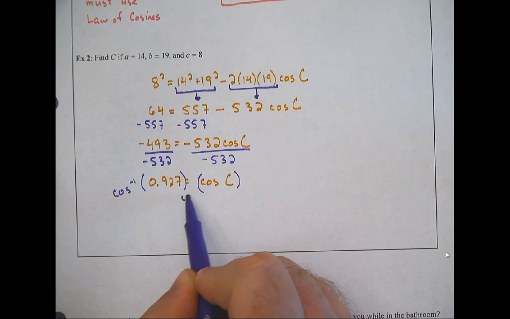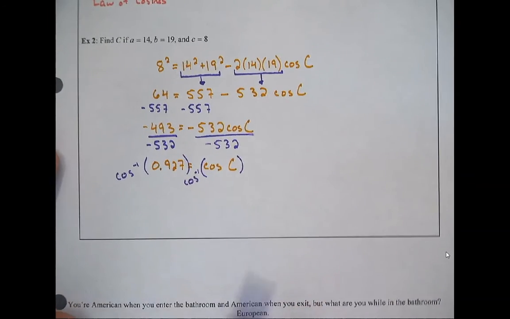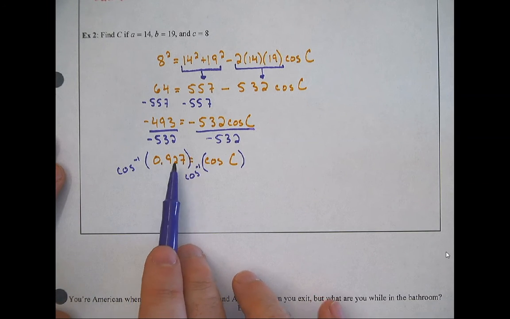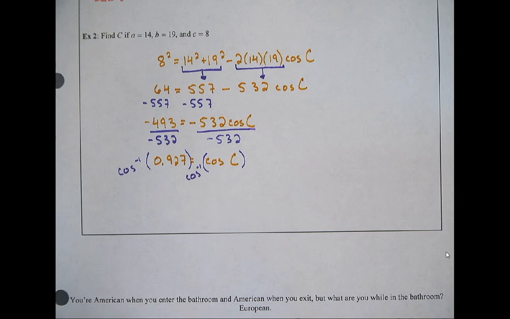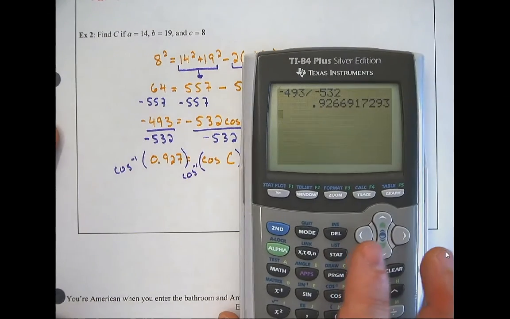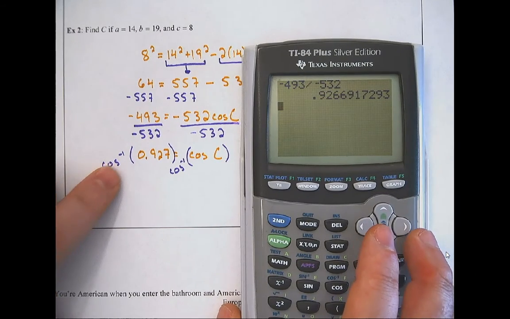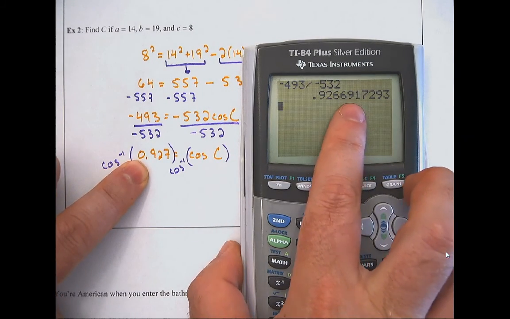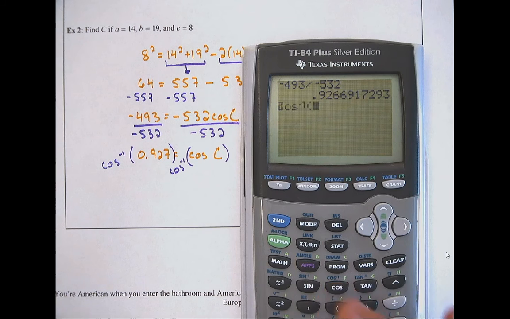Now we want to get as exact of an answer as possible. So if you cosine inverse 0.927, you're going to get potentially a rounded answer. So instead, I recommend taking that 0.927 and replacing that. So how could I do a cosine inverse of what would be the same as taking this answer, cosine inverse of your answer from before?